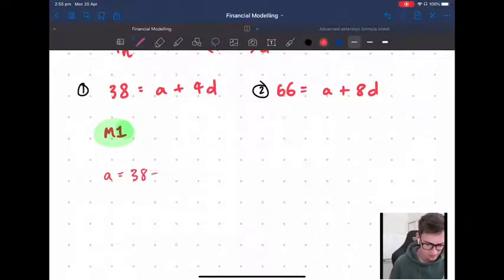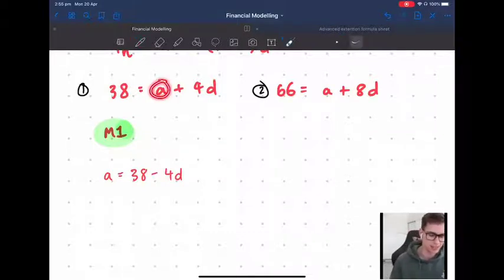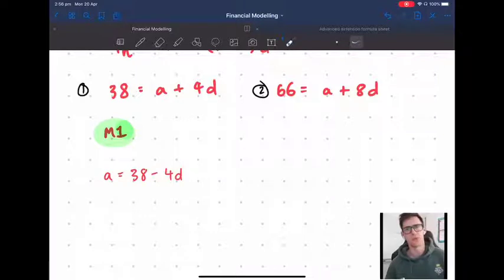So I'm going to get A is 38, take away 4D. Now, could I have solved for D? Absolutely. I chose A because it was really easy to solve for, because I don't have to divide by anything at the end.